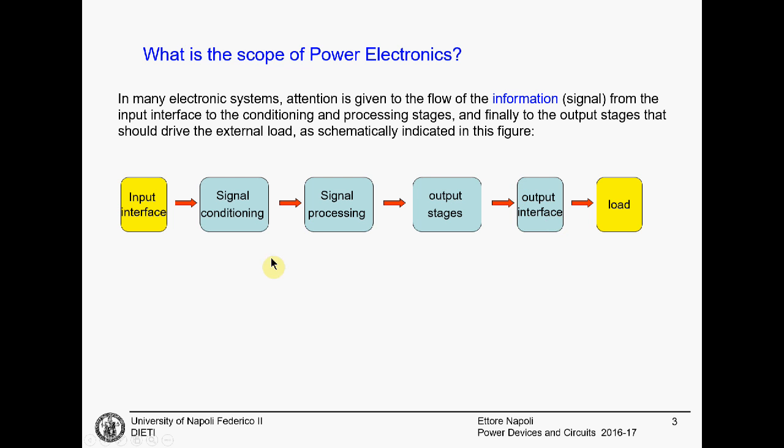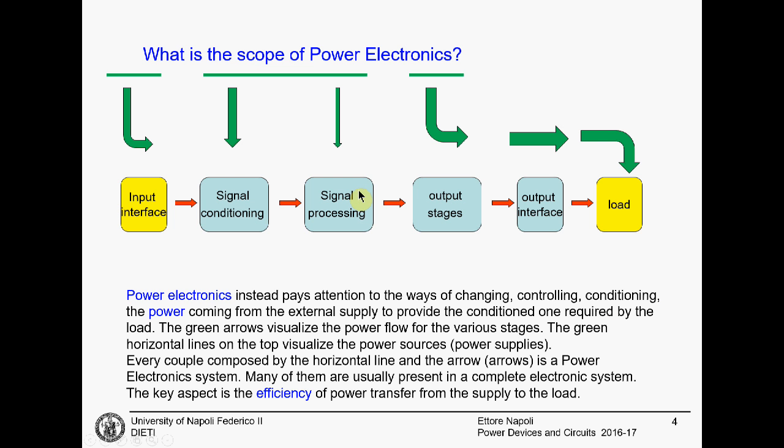However, in this entire process, we completely forgot something that is very important. That is the energy that you need for this kind of processing. In every portion of this processing chain, you need some energy to activate the processing.